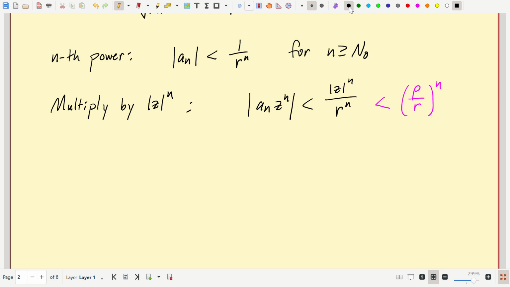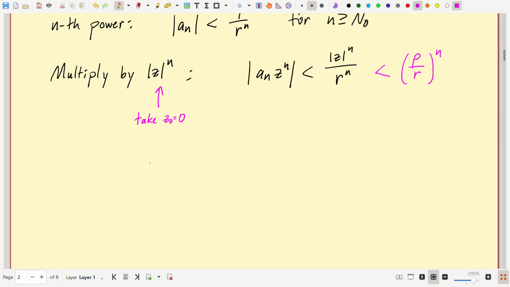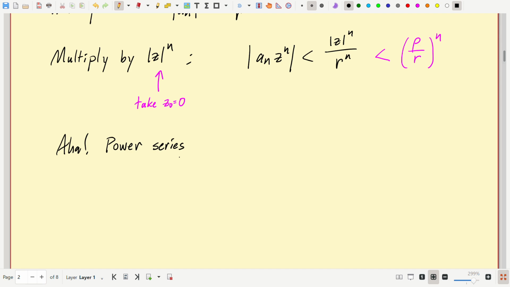And so the aha here is, sure enough, that shows the power series converges. By the way, I'm taking z naught to be 0 here. Otherwise, I'd be writing z minus z naught. And so the power series converges by comparison with the geometric series. That's our big tool.